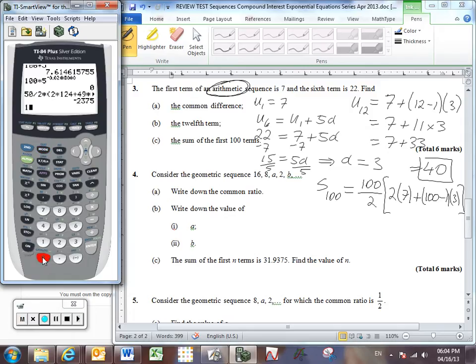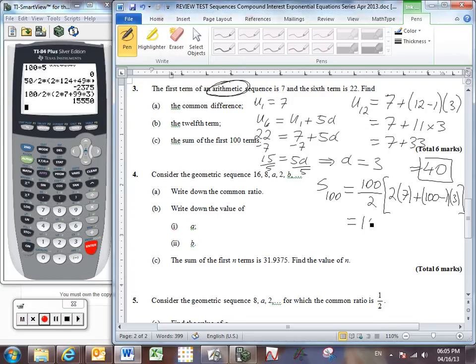So 100 divided by 2 times, open brackets, 2 times 7 plus 99 times 3, close brackets. And we get a sum of 15,550. Okay? So these are our three answers. d equals 3, u12 equals 40, and S100 equals 15,550.